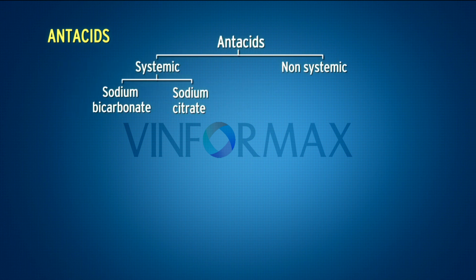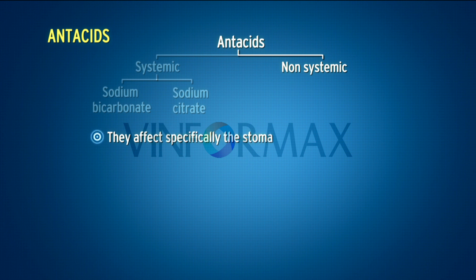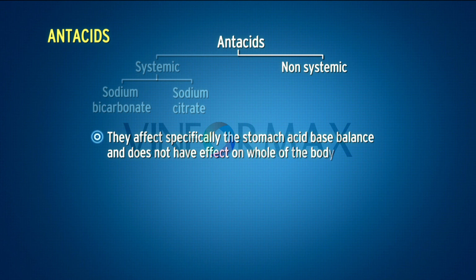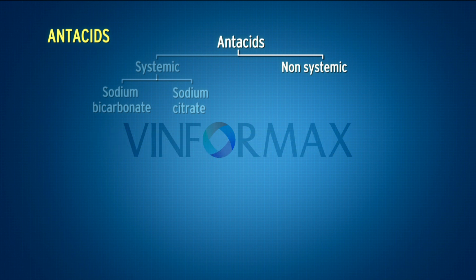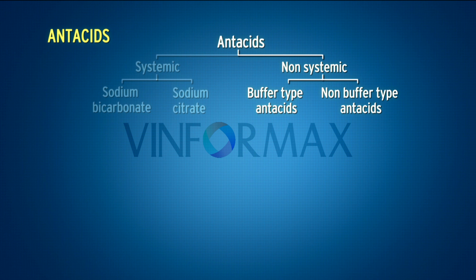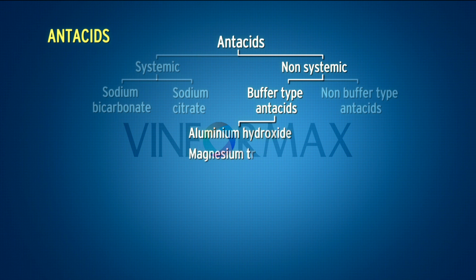Let us discuss a few non-systemic antacids. Those are called non-systemic because they affect specifically the stomach acid-base balance and do not have an effect on the whole of the body. These are further classified as buffer type and non-buffer type antacids. Buffer type antacids include aluminium hydroxide, magnesium trisilicate, and magaldrate.